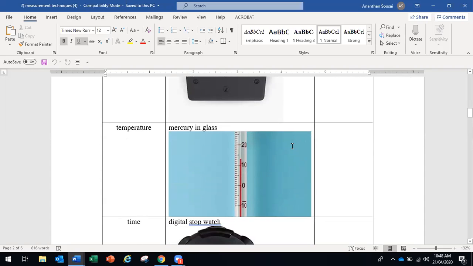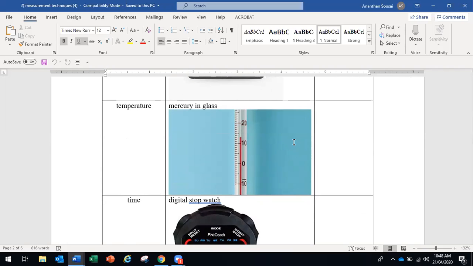What is the precision? Mercury in glass thermometer? The smallest scale is 1, right? 0.5.